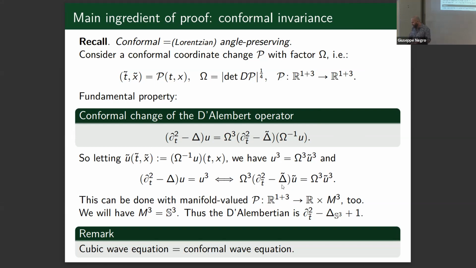But let me just say an important thing. If this manifold is the sphere, then this new Laplacian must be changed to a Laplacian plus 1. So the new D'Alembertian on the sphere is the D'Alembertian plus 1. This plus 1 is going to be important.